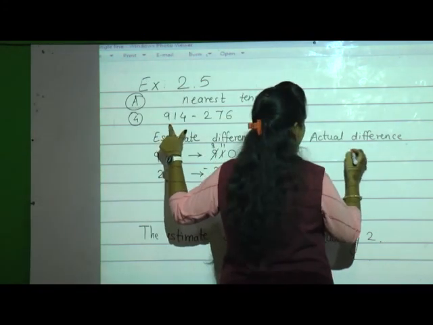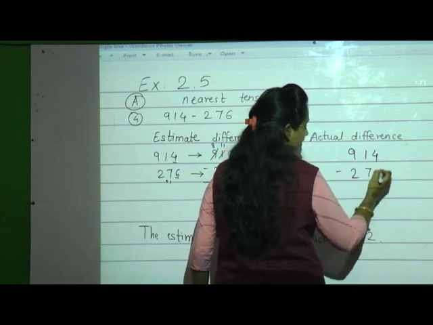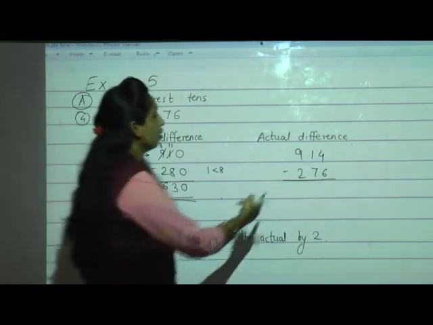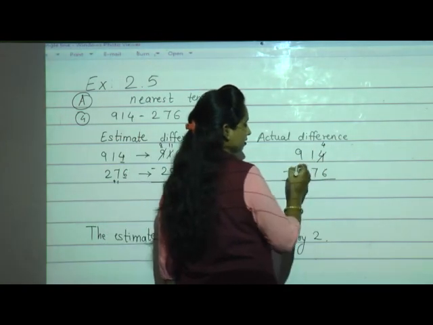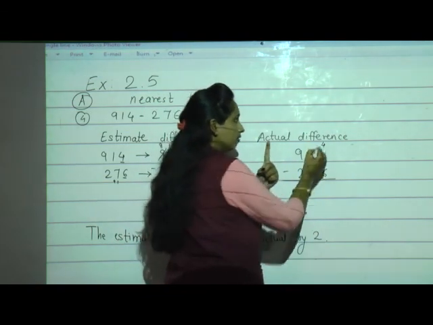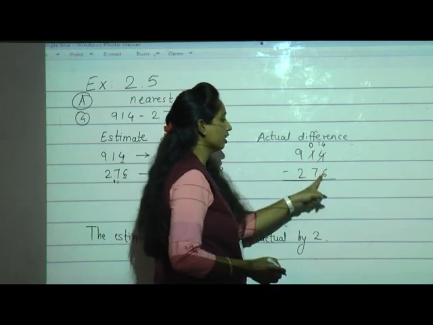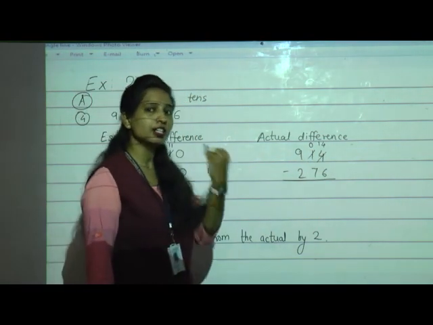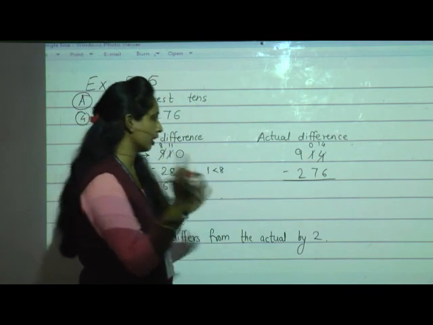Now we will see the actual difference. So the question is 914 minus 276. Now we will find out the actual difference. 4 minus 6 we cannot do, so cut the 4, write as it is, take borrow from neighbor. Neighbor is having 1, he will give 1, so with him 0 will remain. So now 14 minus 6, count after 6 till 14 comes: 6 after 7, 8, 9, 10, 11, 12, 13, 14, 8.